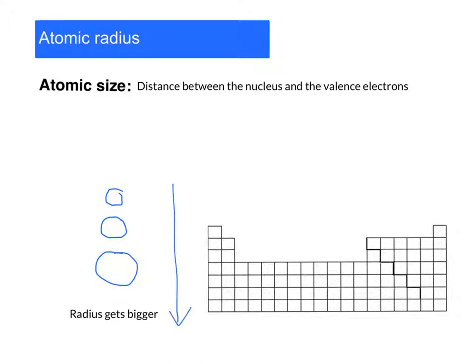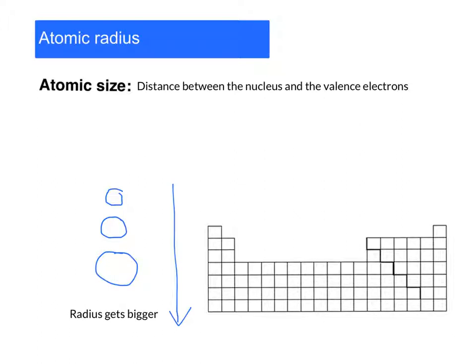As we go across the periodic table, it's not as intuitive what happens. In that case, we're in the same energy level the whole way across that row. What does change, other than adding electrons to that same shell, is that we're also adding protons to the nucleus. So our effective nuclear charge is going up as we go across the periodic table, which you learned about in the last video.